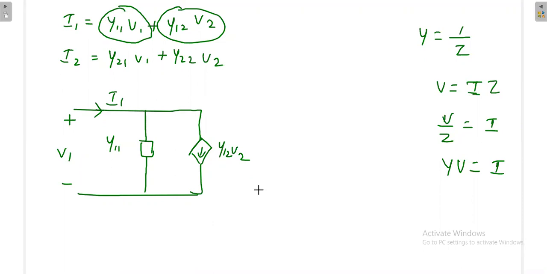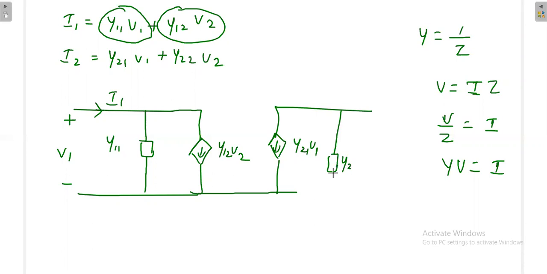Similarly on the other side, you can write one dependent current source Y21 V1 and one admittance Y22. Then this is plus minus V2 and I2 is entering. Once you apply that rule, you will get the second equation also.